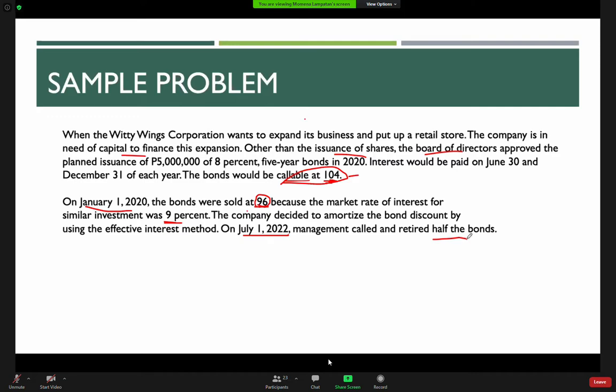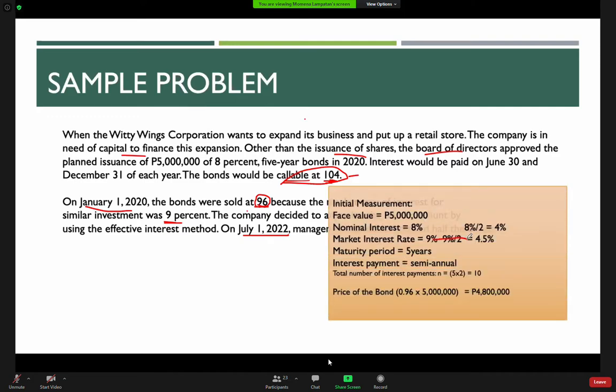Okay? So, we have here, given natin, the face value na 5 million. We have the nominal interest rate na 8%. I-divide natin ng 2 kasi semi-annual ang payment ng interest. So, ang market interest rate, this will become our effective interest rate, 9%. So, divide 2 because the payments are made semi-annually.